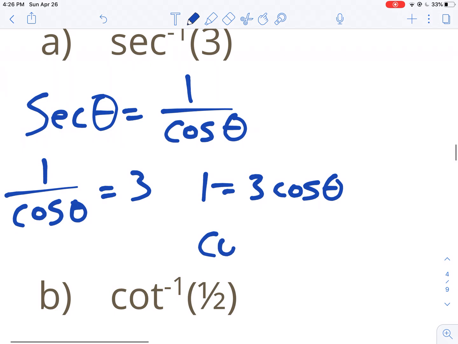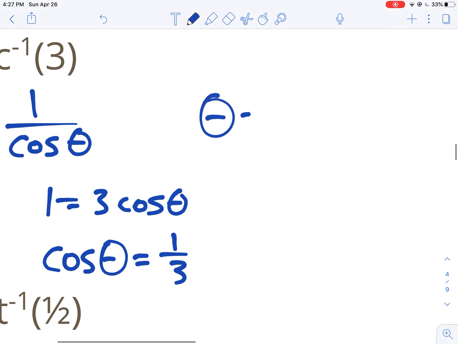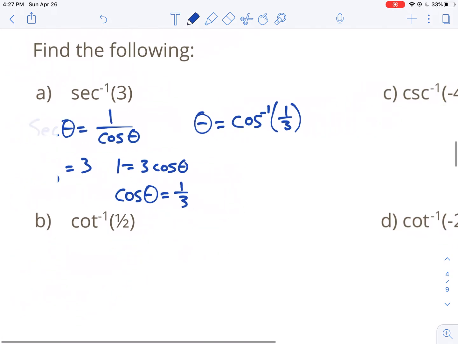And then the cosine of theta is equal to 1/3. So that means theta is going to be equal to the cosine inverse of 1/3. I can simply say that this is just going to end up being the reciprocal of it. That's the quicker way to get there, but this is the reason why I can do the reciprocal, is I can set up this mathematic relation of how cosine and secant are related, and I can go through the process of creating that inverse function.